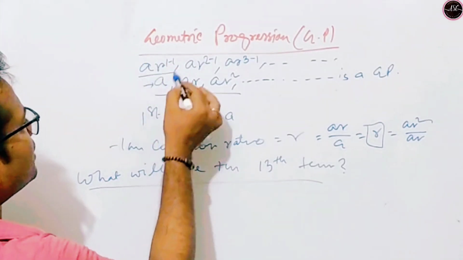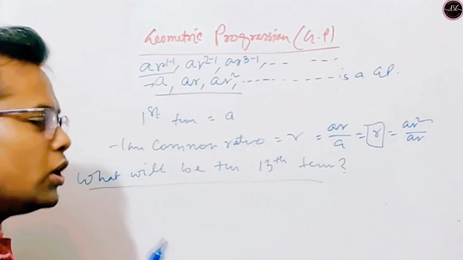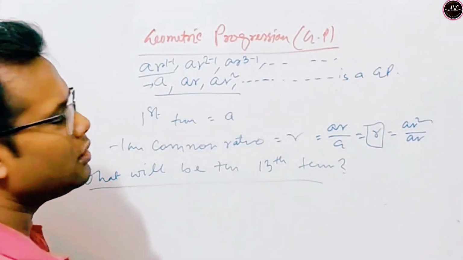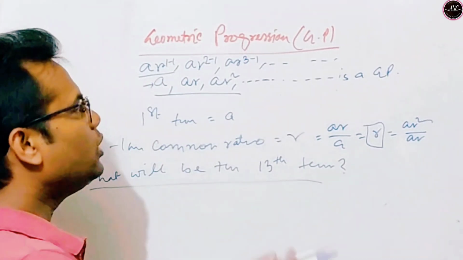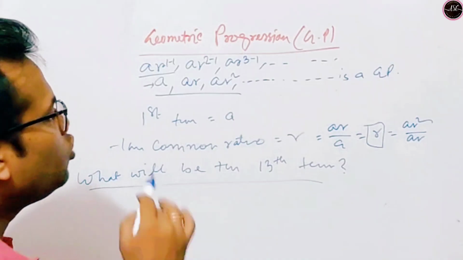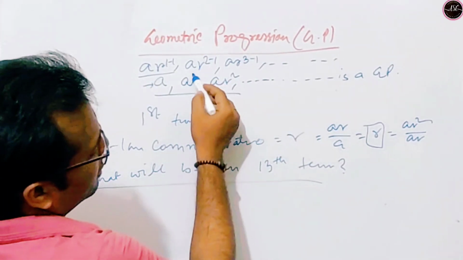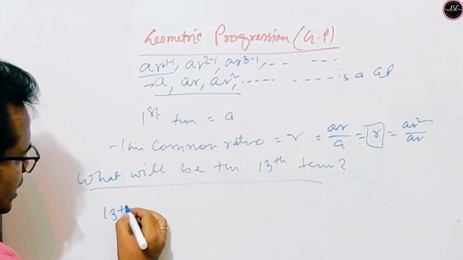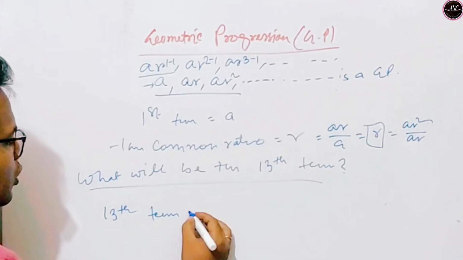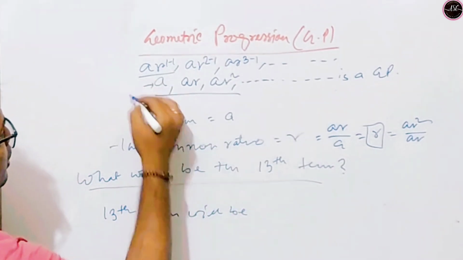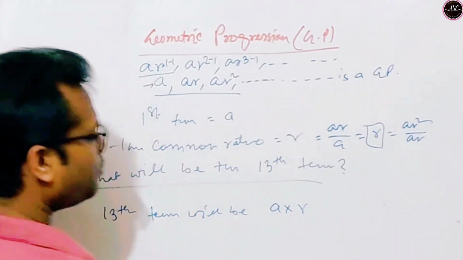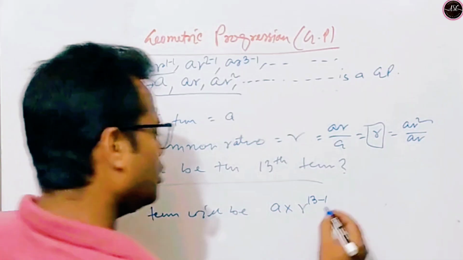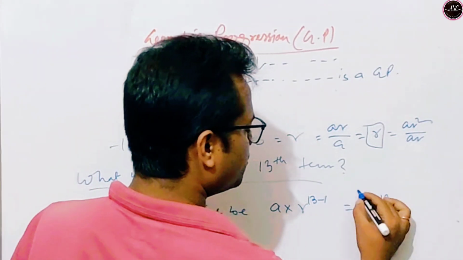So for the first term, we take the power of r as 1 minus 1. For the second, we have seen the power of r is 2 minus 1. So the 13th term will be: just write the first term into r to the power 13 minus 1, so a r to the power 12.